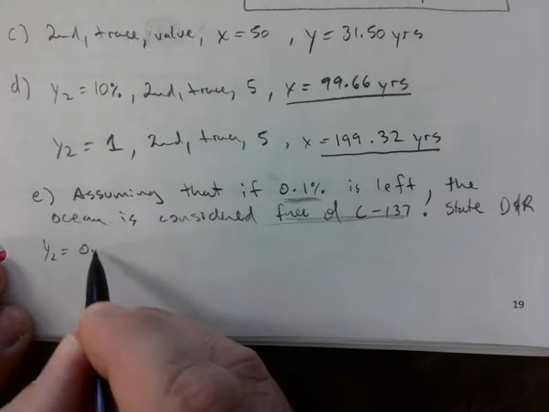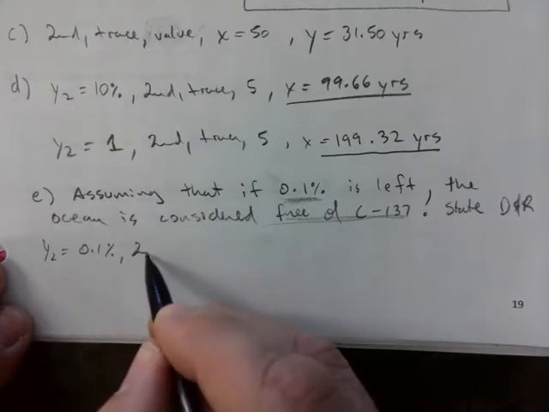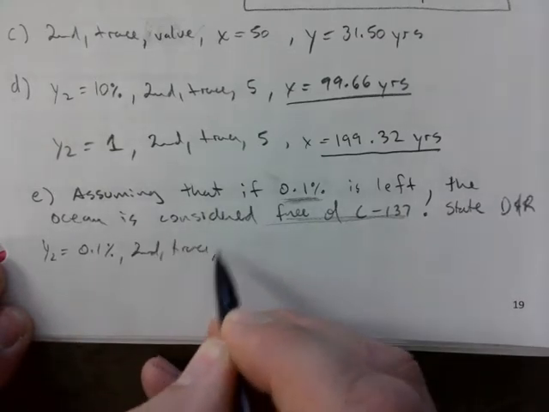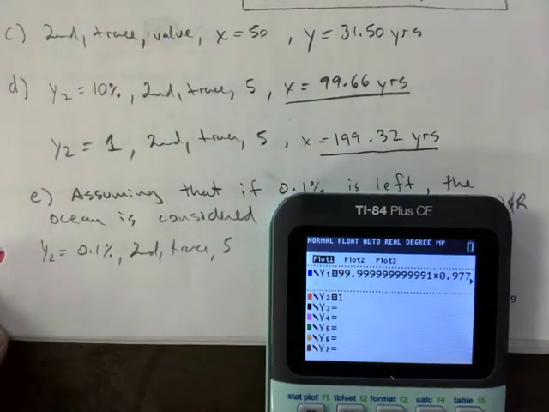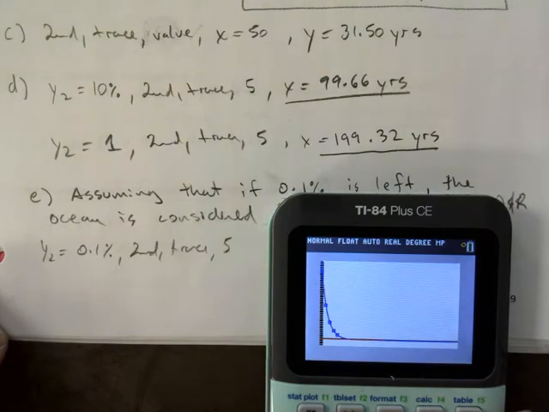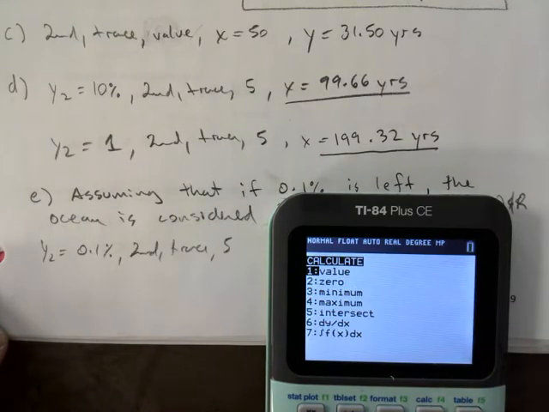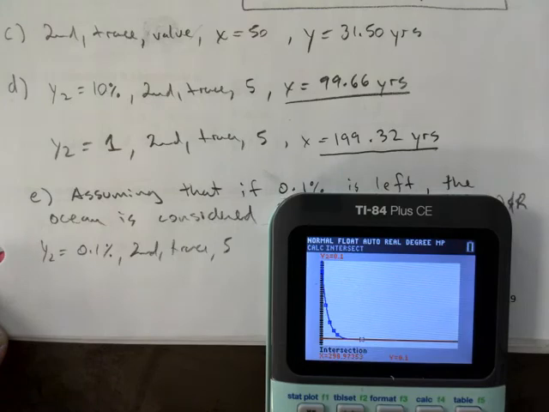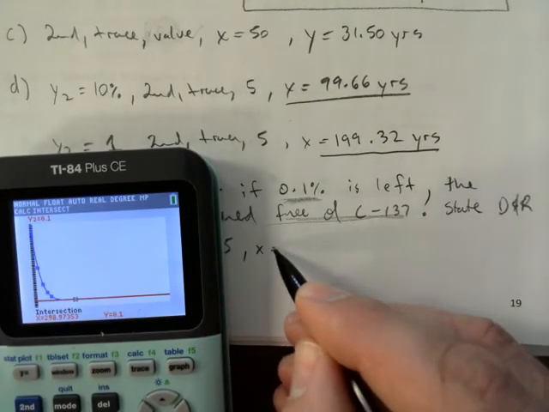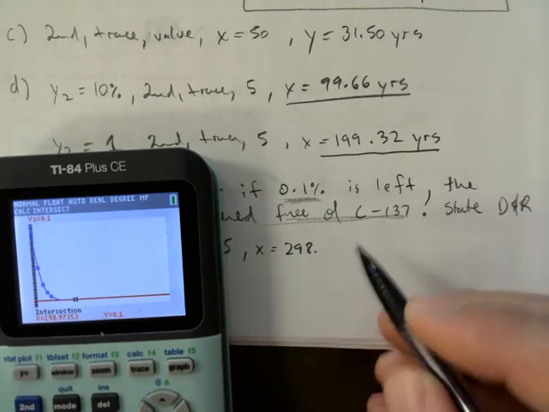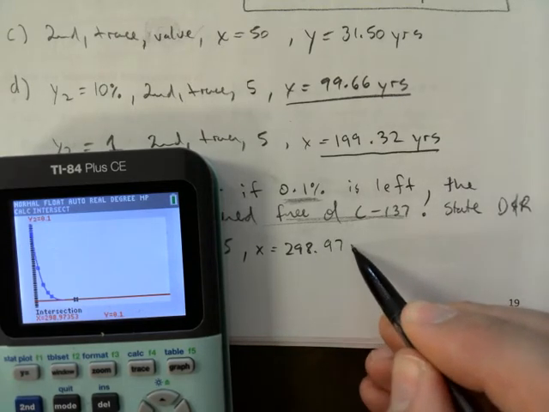So y2 is equal to 0.1%. Second trace, 5. Let's go ahead and figure that out. That's 298.97 years.